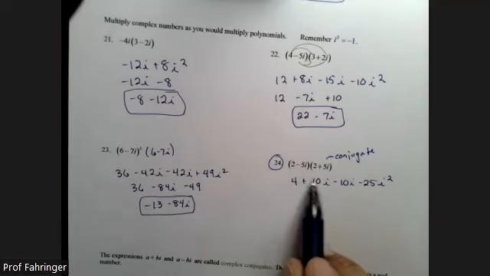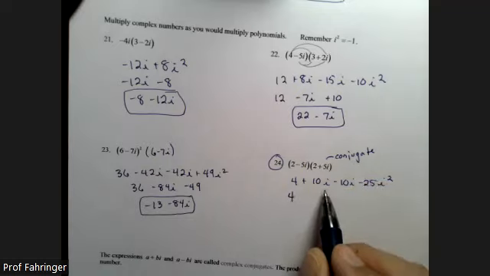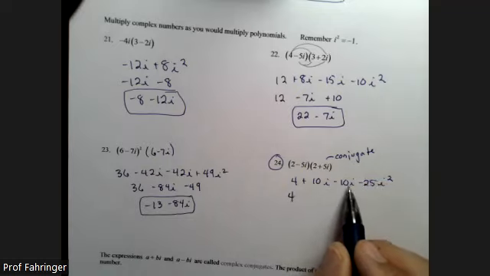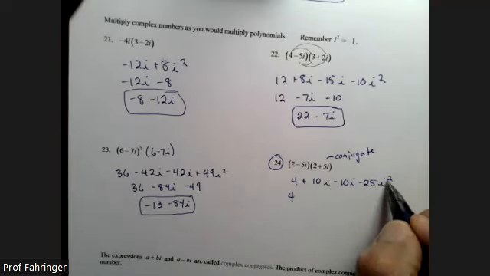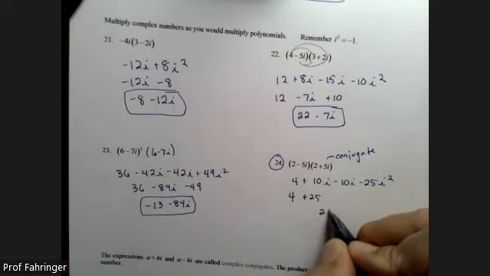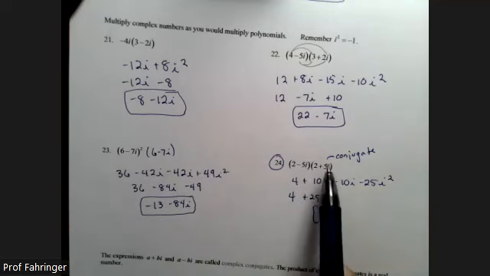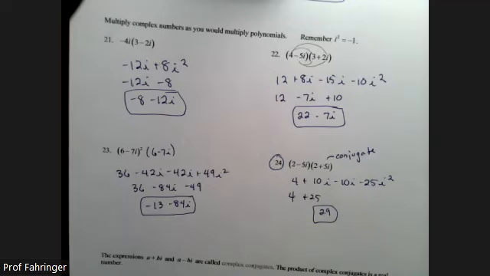I get 4 plus 10i minus 10i minus 25. That becomes 4. Shazam, 10i minus 10i, gone. This becomes a negative, gives me a plus 25. I get 29. So when I multiplied something by its conjugate, the imaginary is gone.